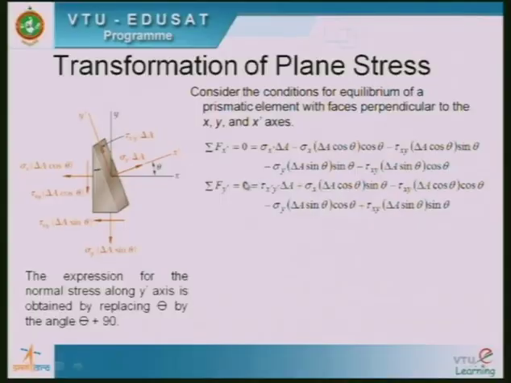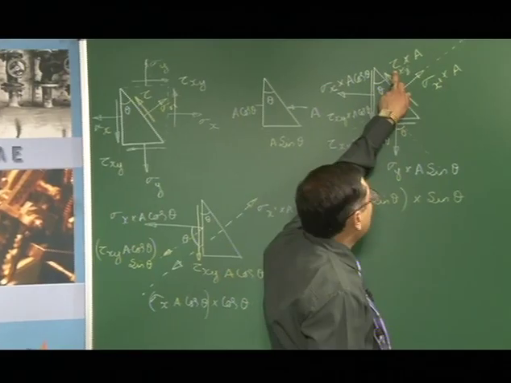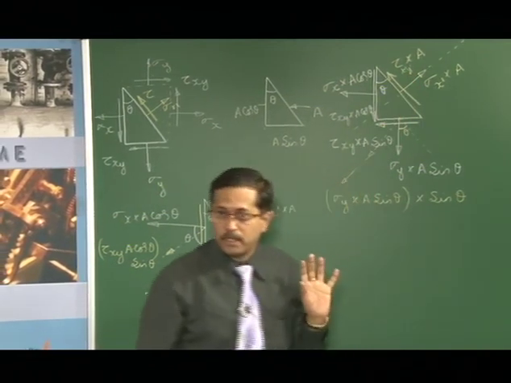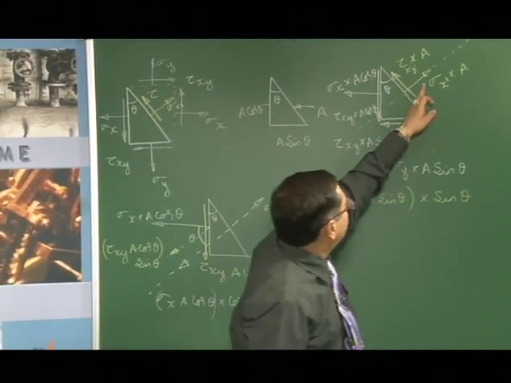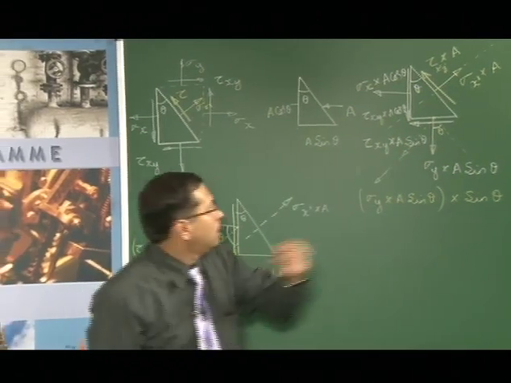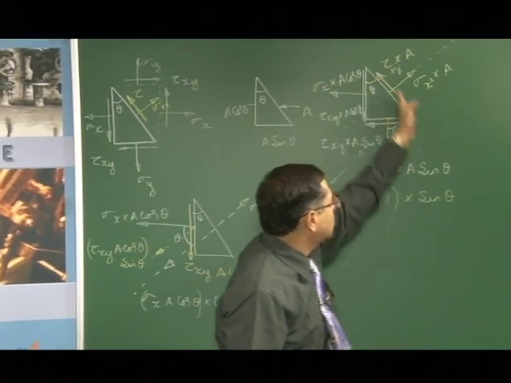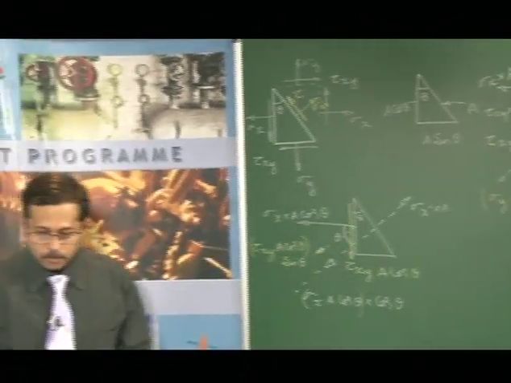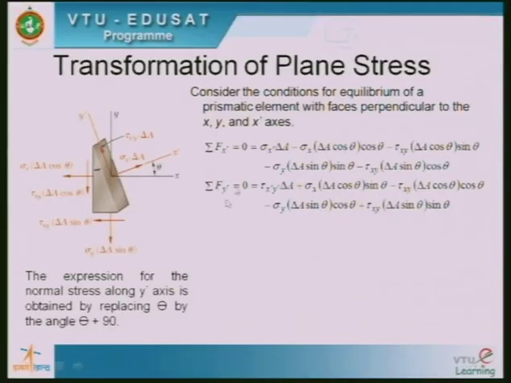Now these are the forces that we get. Next, I want to find out what is tau x dash y dash. That is the point that we have. So when I resolved it along this, we got the equation that I have just now explained. Now I am going to resolve the forces along this plane, which is indicated in the diagram here. Now sigma F y dash equals 0, that is, along this axis we are resolving.